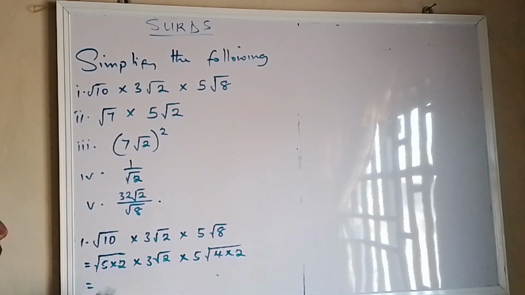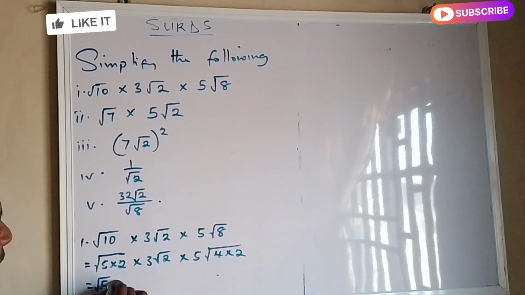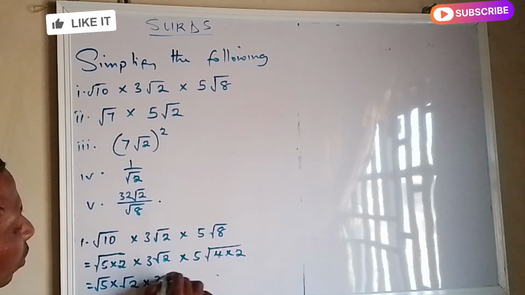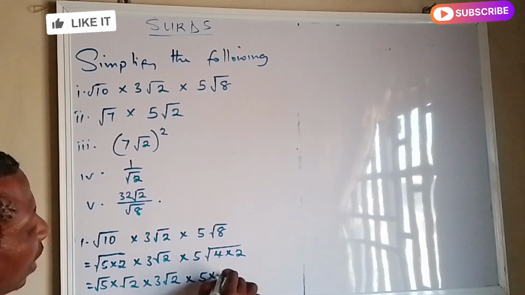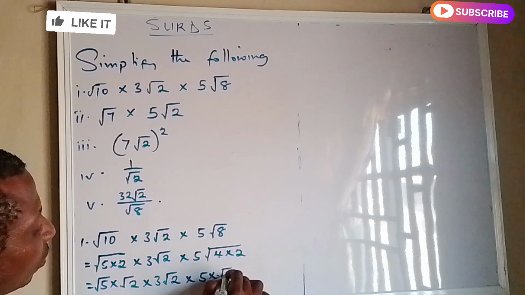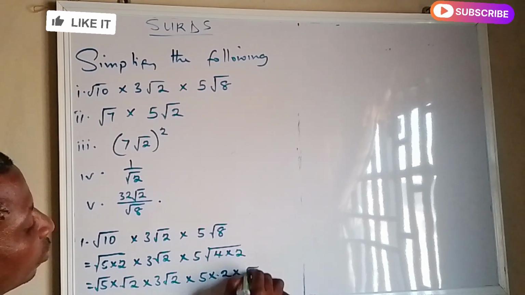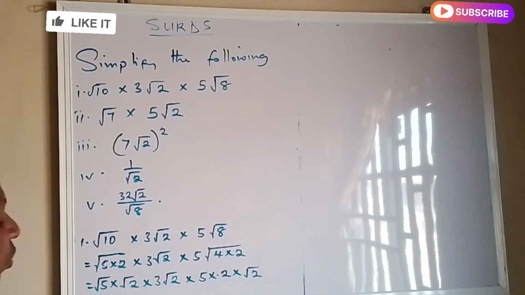Okay, so this is going to give you square root of 5 times square root of 2 times 3 square root of 2 times 5 times square root of 4, and that square root of 4 now is 2 times square root of 2. Square root of 4 is 2, so square root of 2.